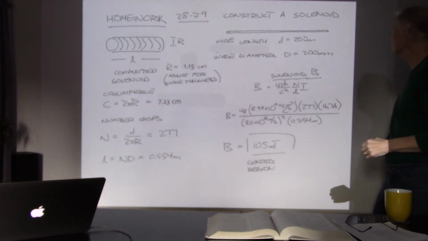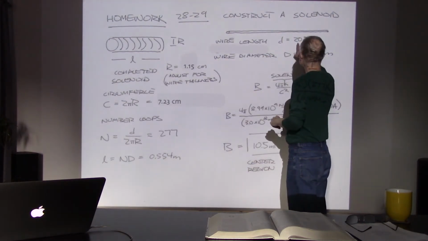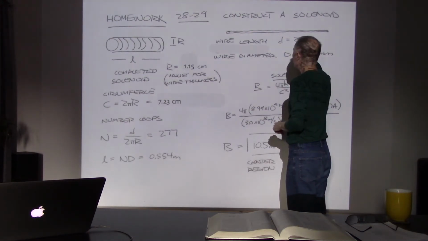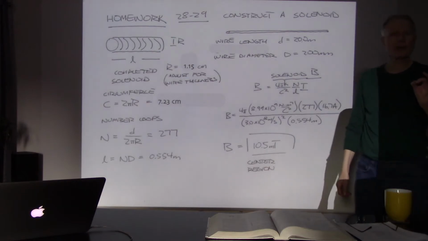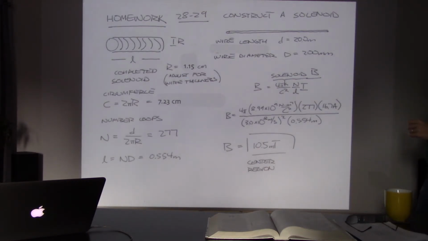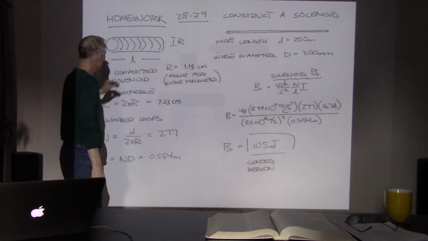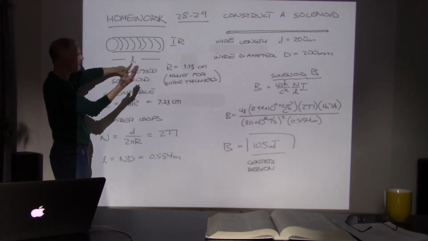So they can be pretty simple devices. The length of wire we have to make our solenoid is 20 meters, and the wire diameter is 2 millimeters. So it's 2 millimeter diameter wire that's 20 meters long, and that's what it's going to look like when we get through. Now, we don't know how long it is yet because we haven't wrapped the wire.